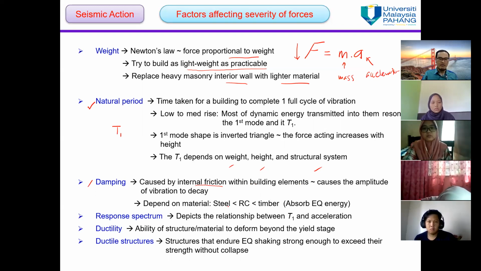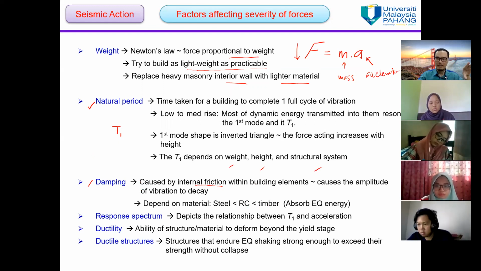It depends on the structural materials, where damping will reduce the movement and it will stop after a certain period. And ductility also affects the severity of forces as well as the response spectrum.